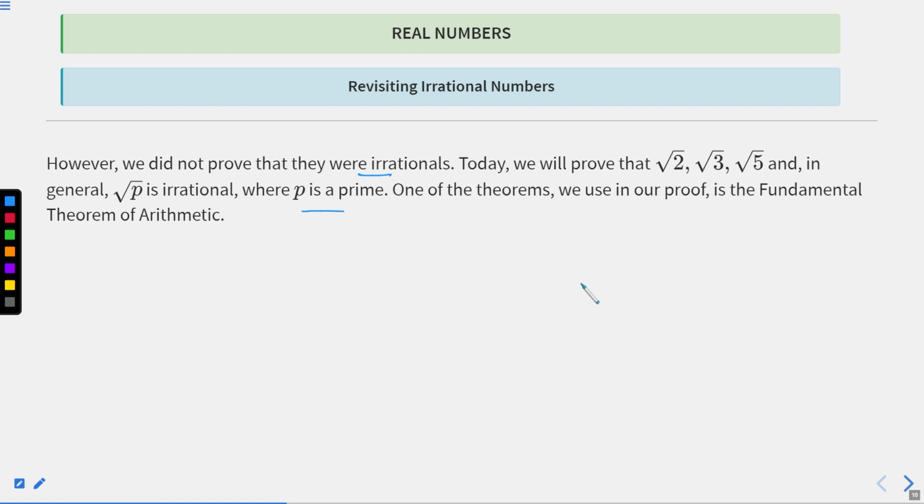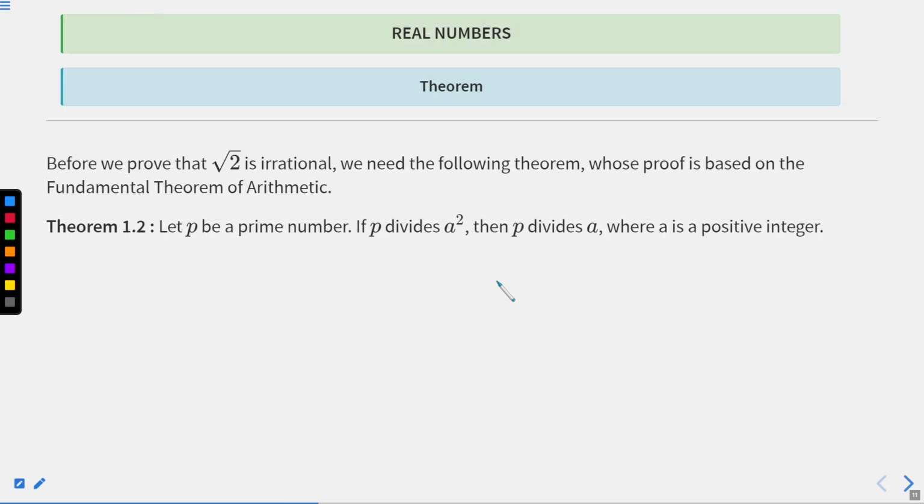One of the theorems we use in our proof is the fundamental theorem of arithmetic. So in this lecture we'll discuss an important theorem that is needed to prove that root 2, root 3, root 5 are irrational numbers. Okay, so let us see.